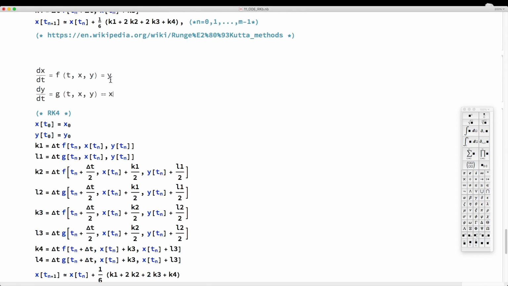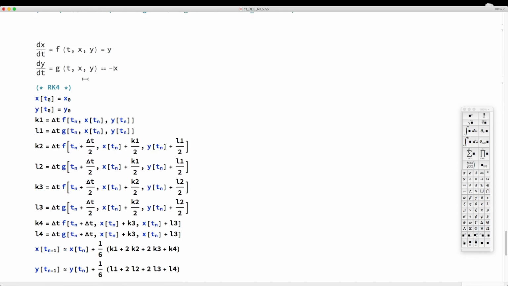So that means we already know the functions f and g. So f is equal to y and g is equal to minus x. So all we have to do is simply replace the functional form of f and g in this scheme by what we know applies for this system.